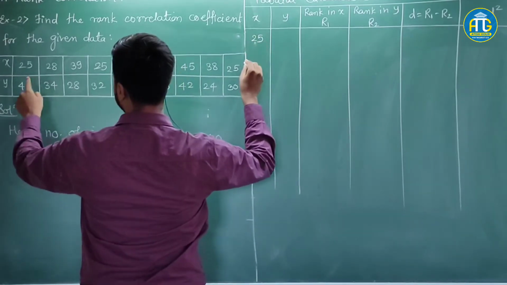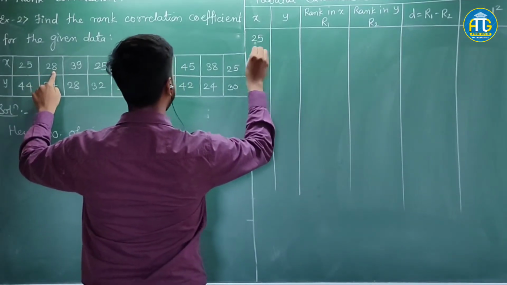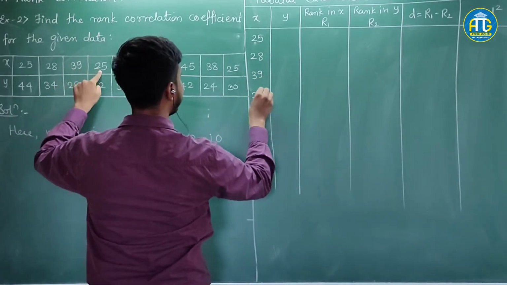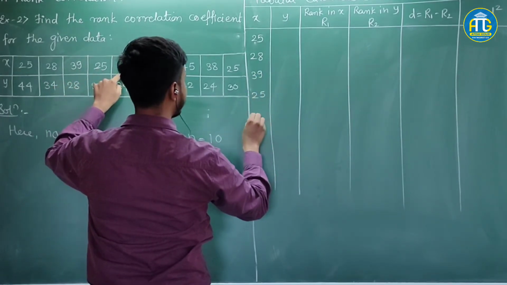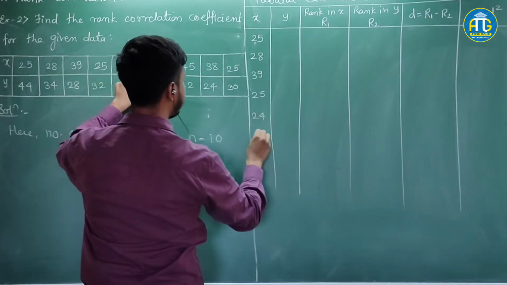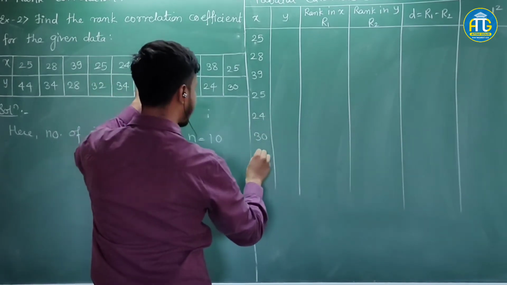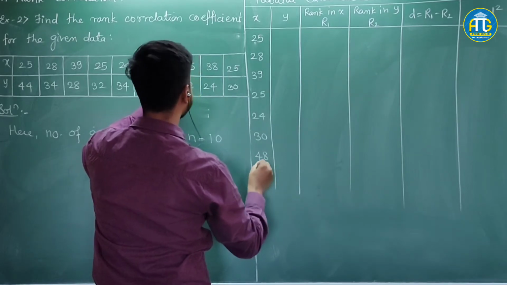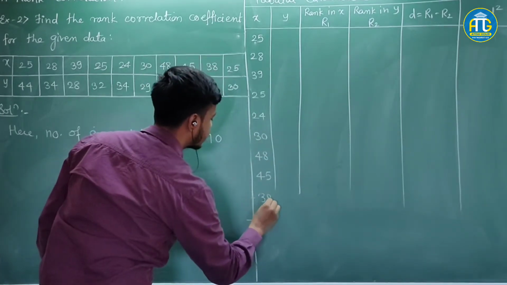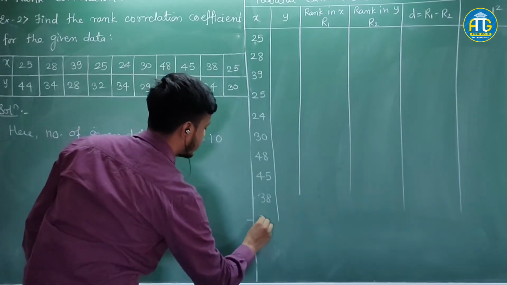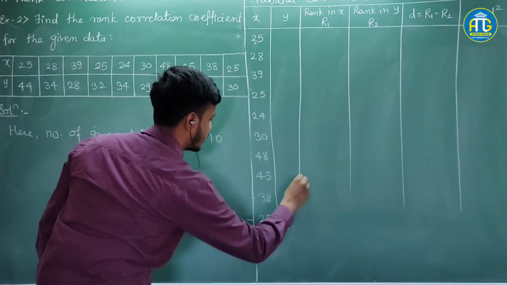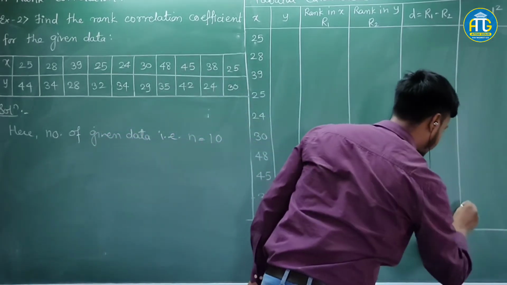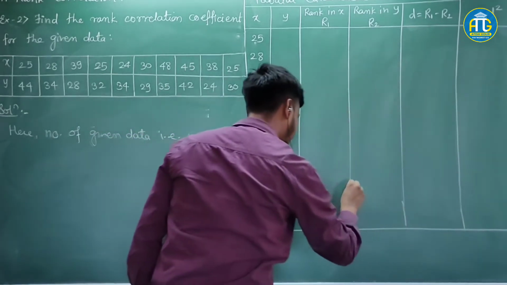So we have 25, 28, 39, 25, 24, 30, 48, 45, 38, and 25. Now substitute the values of y that we have.